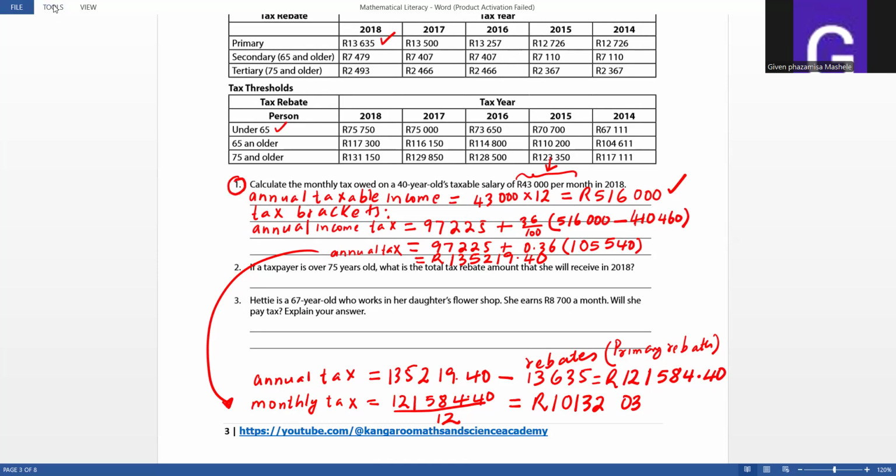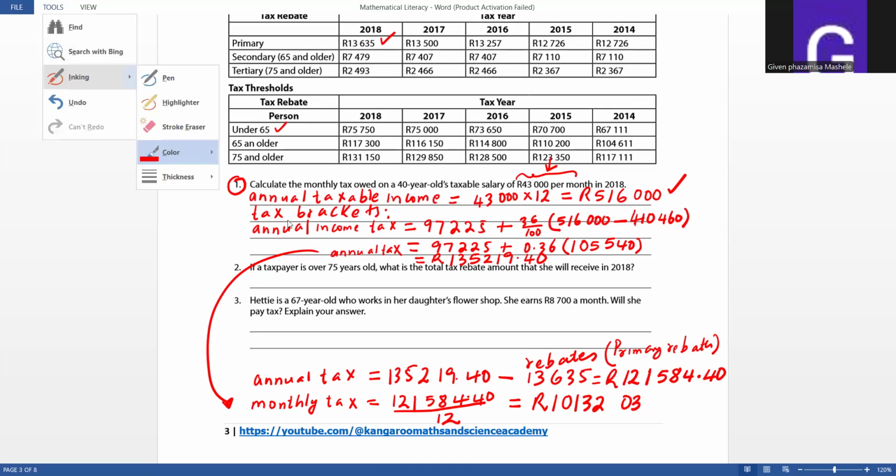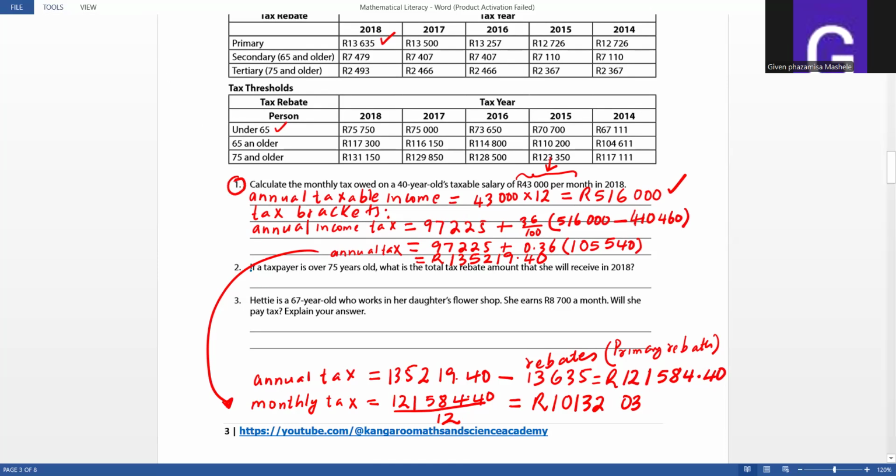Right, let me now move on to the second question. I believe you are following. In the second question, it says, if a taxpayer is over 75 years, what is the total tax rebate amount that she will receive in 2013?